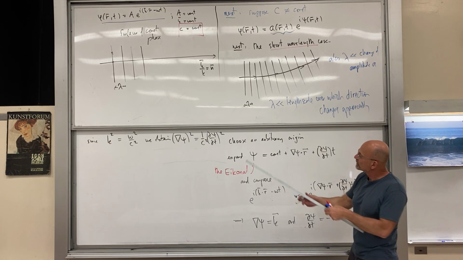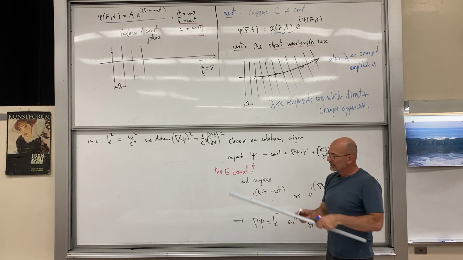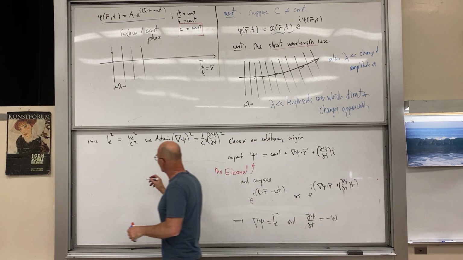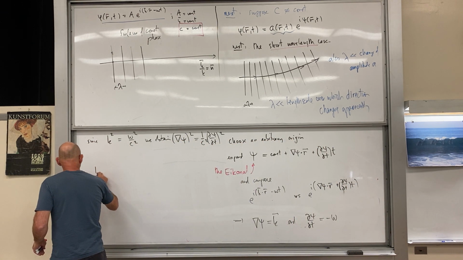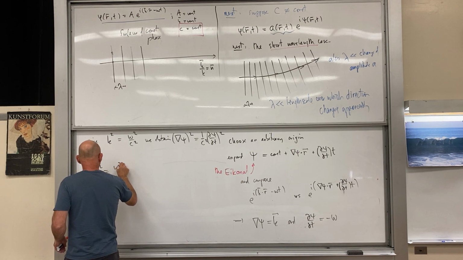And if there's no explicit time dependence, we can do even better here. We have k squared equals omega squared.